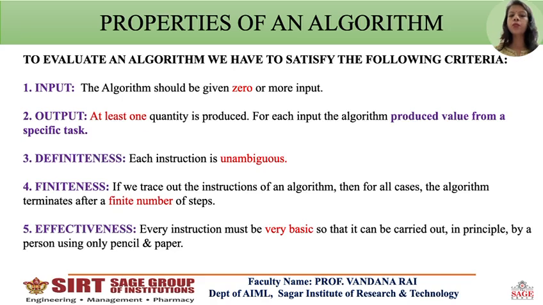If we trace out the instructions of an algorithm, then for all cases the algorithm terminates after a finite number of steps. Effectiveness: every instruction must be very basic so that it can be carried out in principle by a person using only pencil and paper. Anyone can easily understand, and the first step's output will be used in the second step.